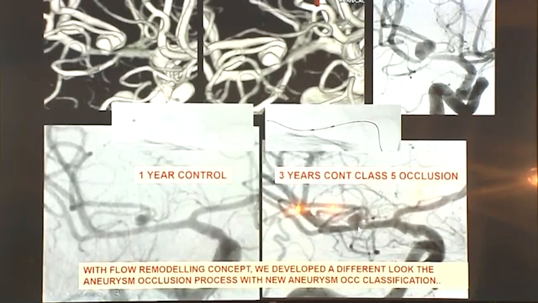So we shouldn't call this an aneurysm remnant. It is needed to keep the flow into those branches. So this is not an aneurysm remnant as we used to call with other techniques.